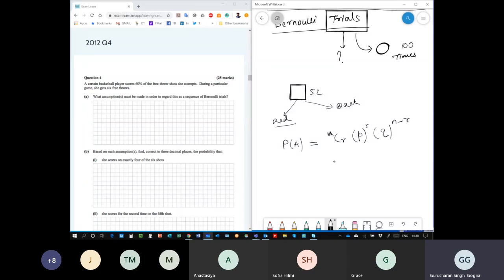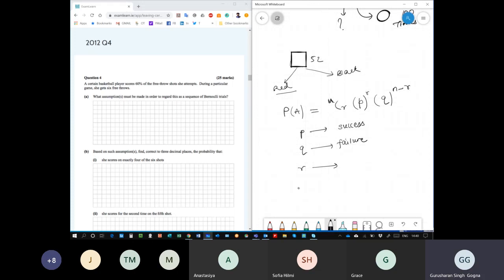Small p and small q I'm using here. Small p means probability of success. q is probability of failure. And what is r? And what is n? n means number of trials. So if you're doing the same experiment 1000 times, n is 1000.